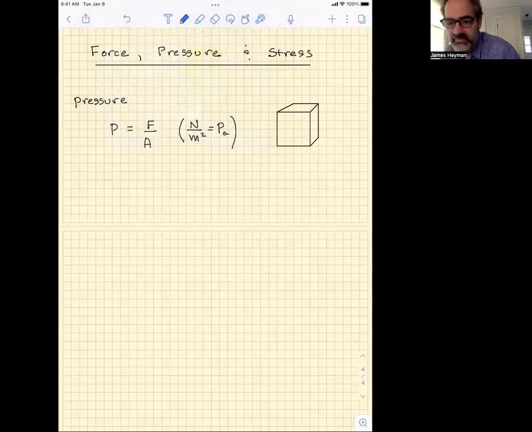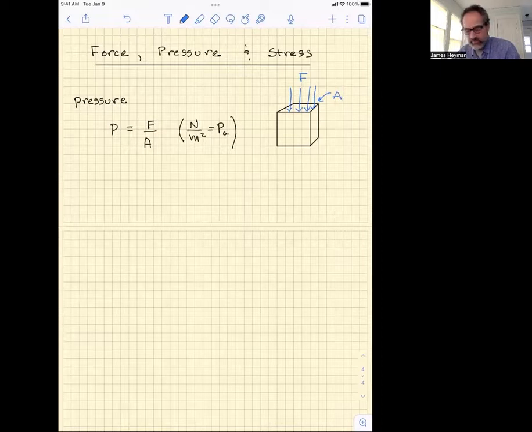But we want to be careful. What we mean by a force here is a force that's applied to the surface of our object, like so, okay? And so the force that we want is this force applied normal to the surface, and the area that we're interested in is, in this case, the area of the top of the cube.